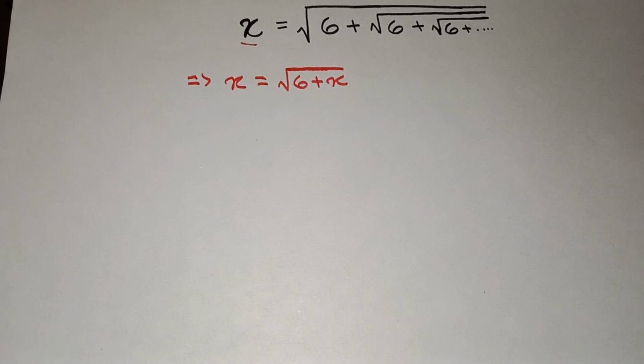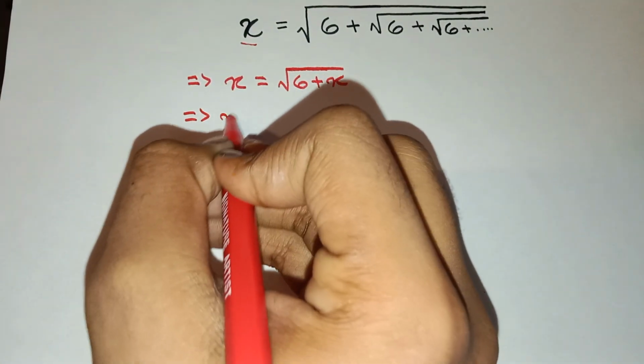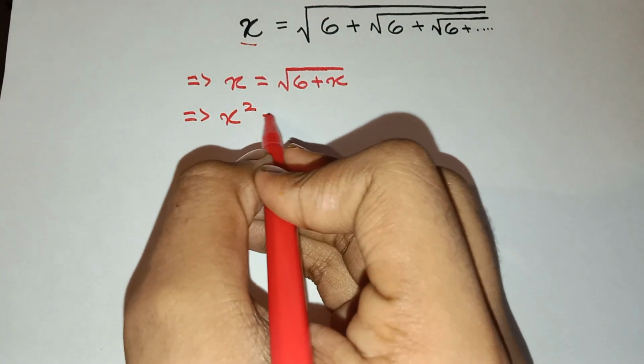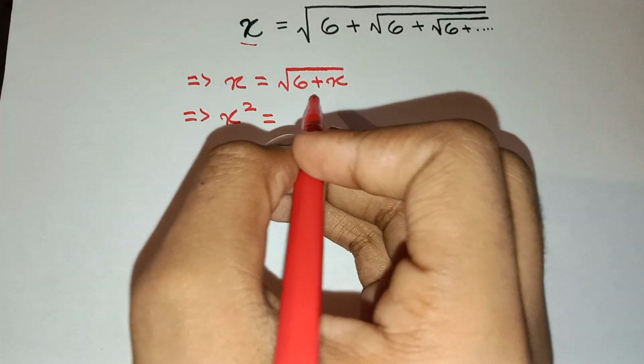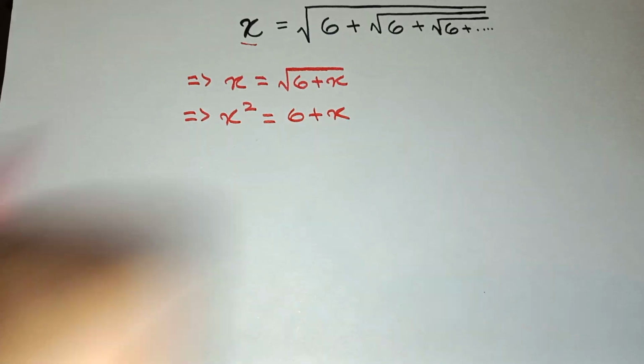Now we will square both sides. After squaring both sides, we get x square equal to 6 plus x.